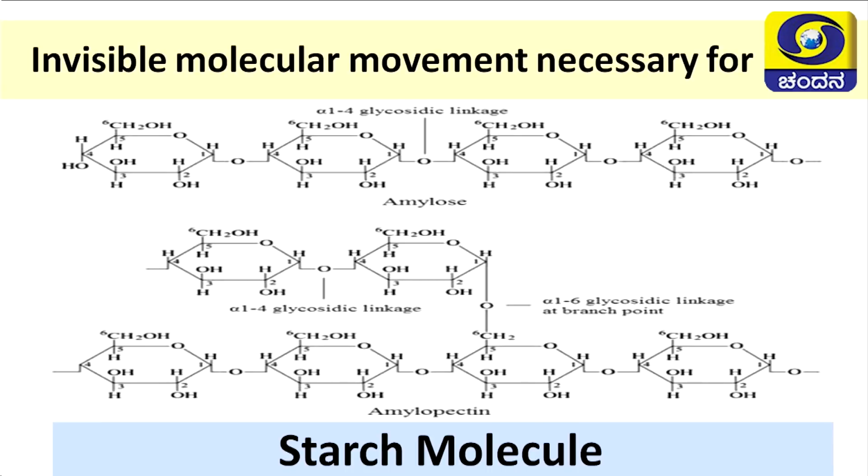And of course, the rice that we eat also consists of this starch molecule. When we consume this starch, it is going to break down in our body during the digestion process and liberate a large amount of energy. So, this movement is also not visible to our naked eye.